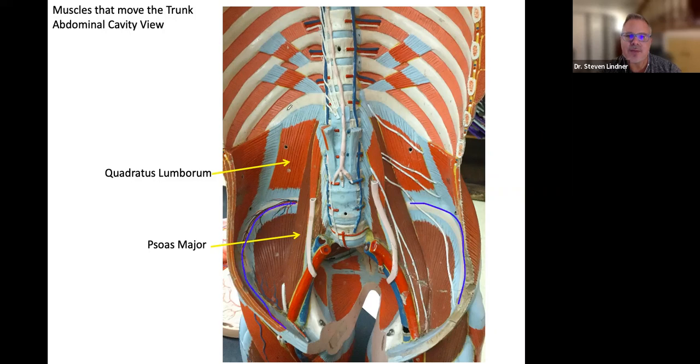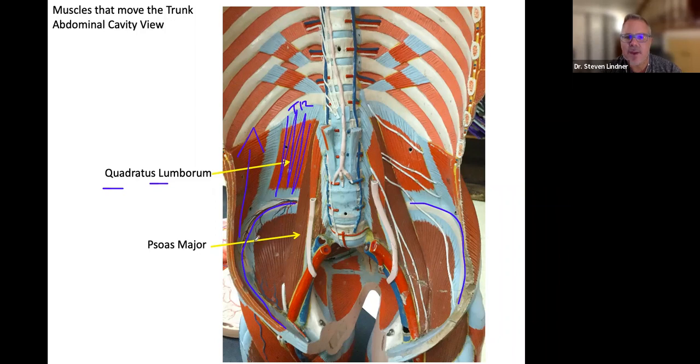Going from the last rib, so that's the T12 rib, down to the iliac crest. It's called the QL, or the Quadratus Lumborum. Very important muscle. It hikes up the hip. It can draw your hip upward. That's the QL, Quadratus Lumborum. It's between the last rib and the iliac crest.